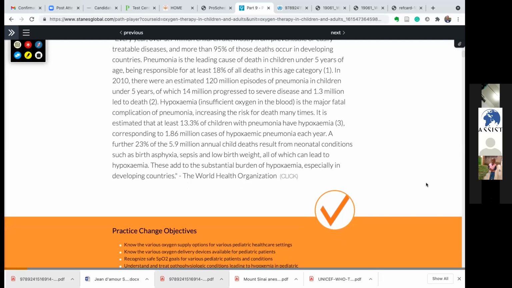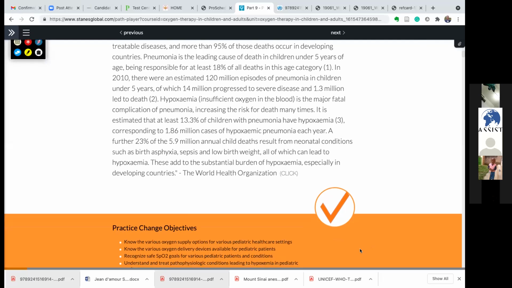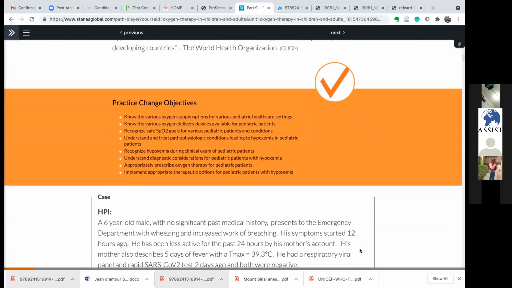I wanted to talk about pneumonia because it's a big problem, and by the end of this discussion, we'll be able to manage those patients well. So what are the objectives for today? First, by the end of this session, we need to know various oxygen supply options for various pediatric healthcare settings.